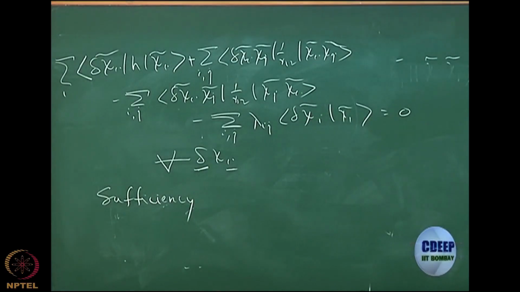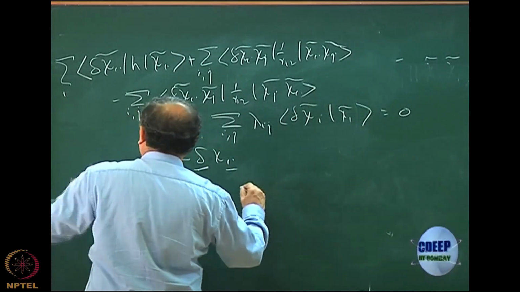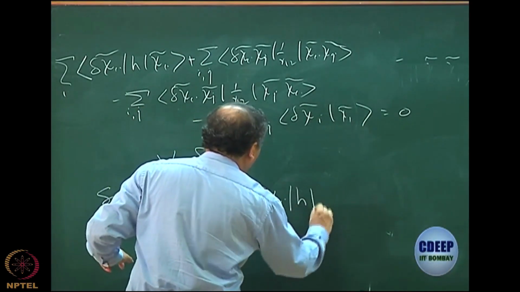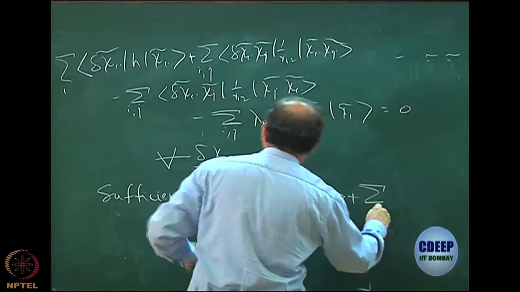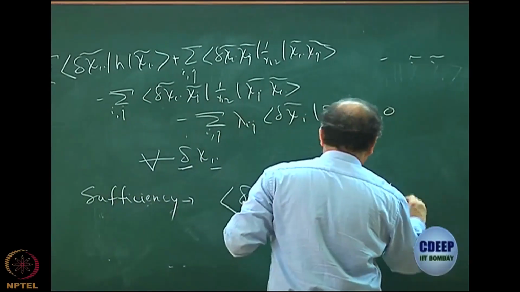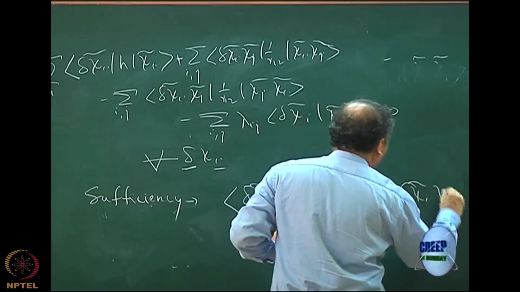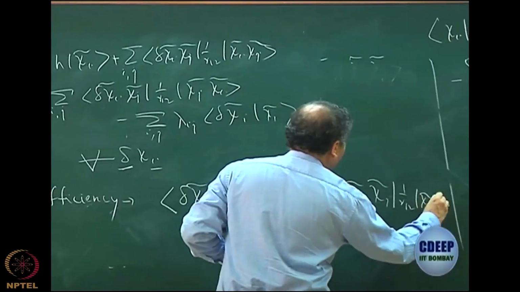So one of the sufficiency conditions, this is very important now, is that delta chi_i, now summation over i will vanish. Delta chi_i h chi_i plus summation over j, everywhere the summation over i I am just going to take out. Delta chi_i tilde, chi_j tilde, 1 by r12, chi_i tilde, chi_j tilde.